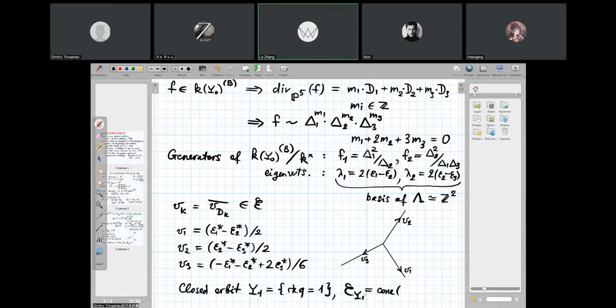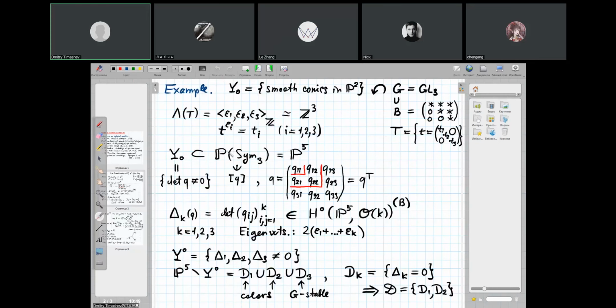Closed orbit in what place? In this compactification of Y0, which we consider. Well, in P5, shouldn't the closed orbit be the zero orbit? What do you mean by zero orbit? There is no 0 point in P5.